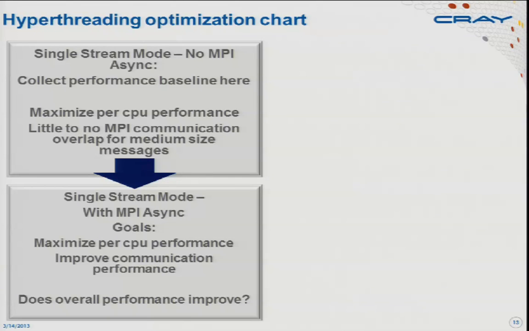Turning on those environment variables does add overhead to the MPI library. If your code was already running efficiently, already getting lucky and having overlap, or if it couldn't take advantage of the overlap anyway, and then you added the overhead, there's a chance it slows down. That's why it's not default. So basically run it and see if it helps or if it slows down. But it's a pretty easy thing to do.